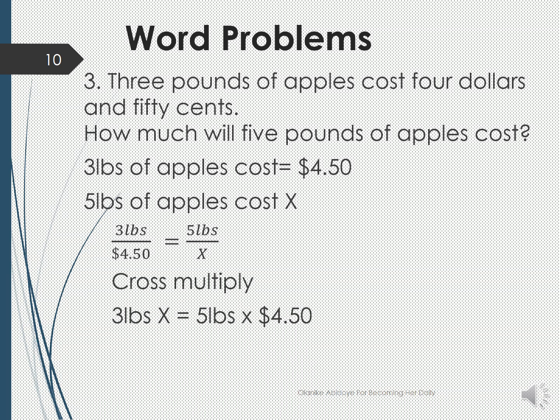Then we can divide, and that will be 3X over 3 equal to 22.50 over 3. Dividing 22.5 by 3, we have $7.50. So that means 5 pounds of apple will cost $7.50.